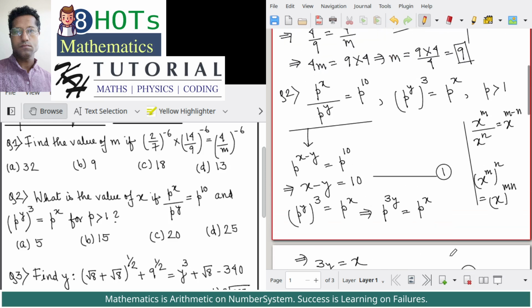It is given because, let's see what happens if p is 1.